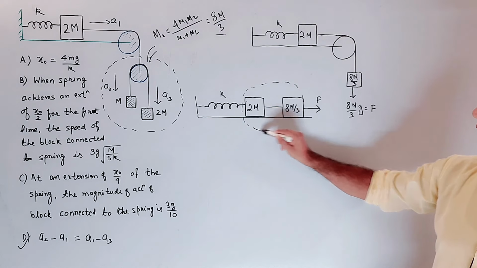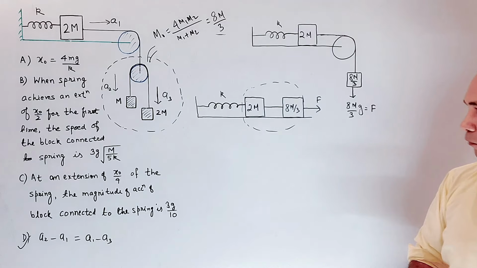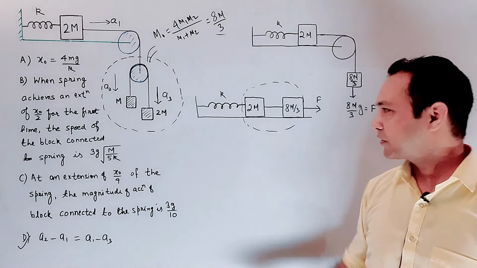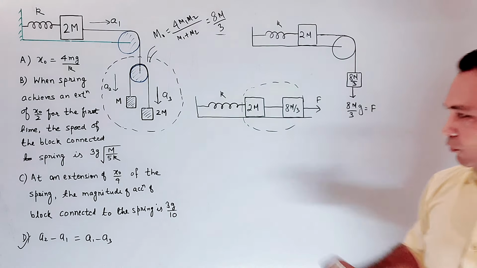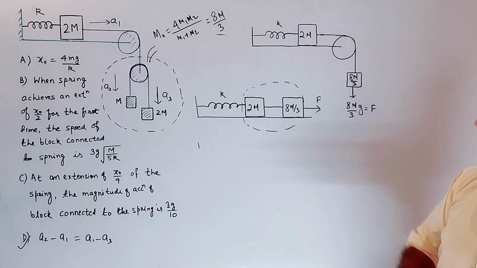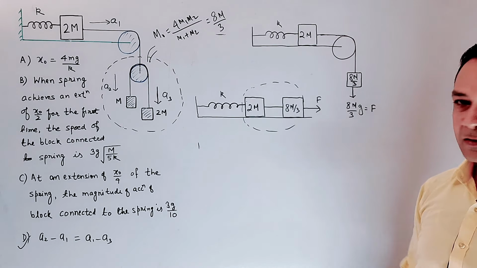And the last reduction, if I look at this whole system together, again the tension in the string will be internal, so it would be better if I replace these two masses by a single mass, that is the sum of these two masses. So my final reduction is this situation, and the acceleration of this and this are the same because of the string constraint.